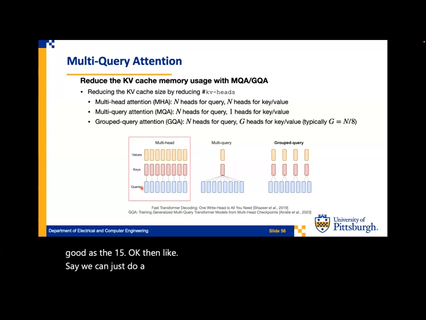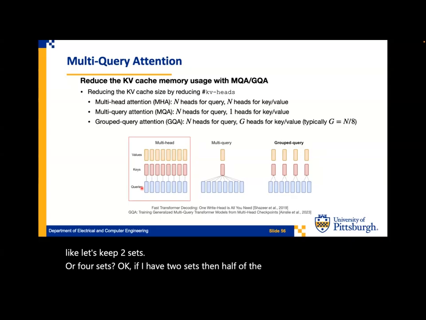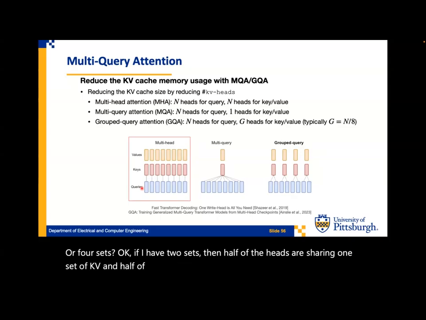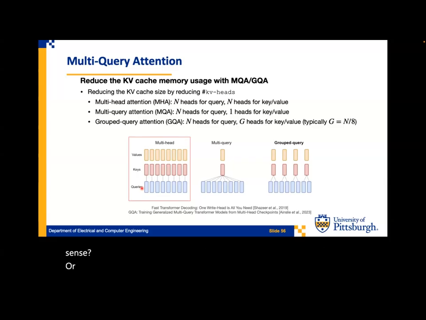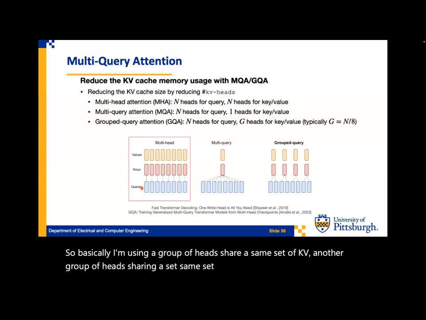Then people said, we can just do a trade-off. Instead of keeping one set of KV, let's keep 2 sets or 4 sets, okay? If I have 2 sets, then half of the heads share one set of KV and the other half share another set. Does that make sense? Or if I have 4, and different models have different numbers of sets. Basically, a group of heads shares the same set of KV, and another group of heads shares another set of K and V. Does that make sense?